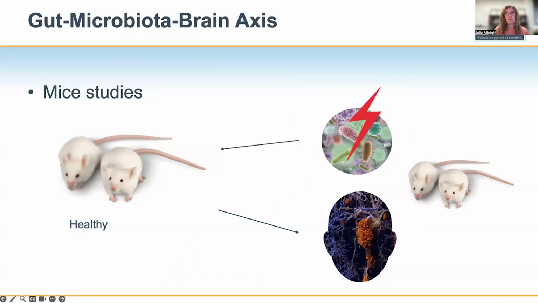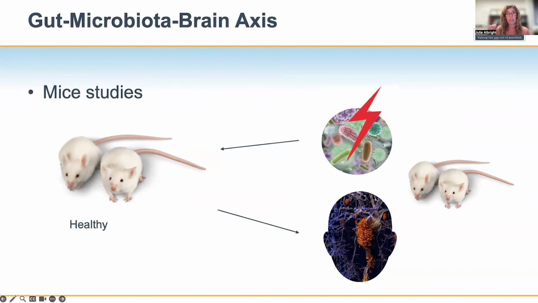So many mice studies and rodent model studies have shown that you can take the microbiota and the contents from an animal such as a mouse that has been genetically engineered to show signs and other histologic markers of Alzheimer's.